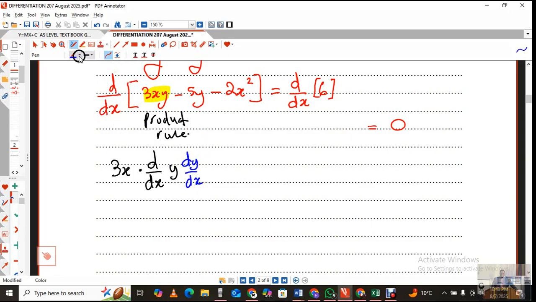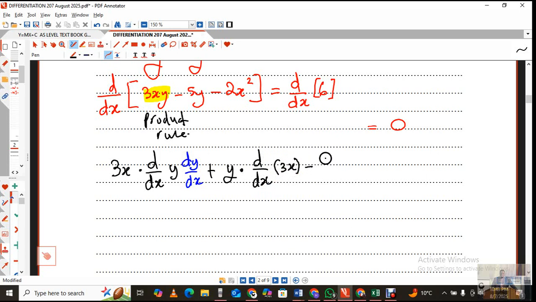And then you add the second, which is y, multiplied by the derivative of the first, d dx of 3x. Actually we can continue.